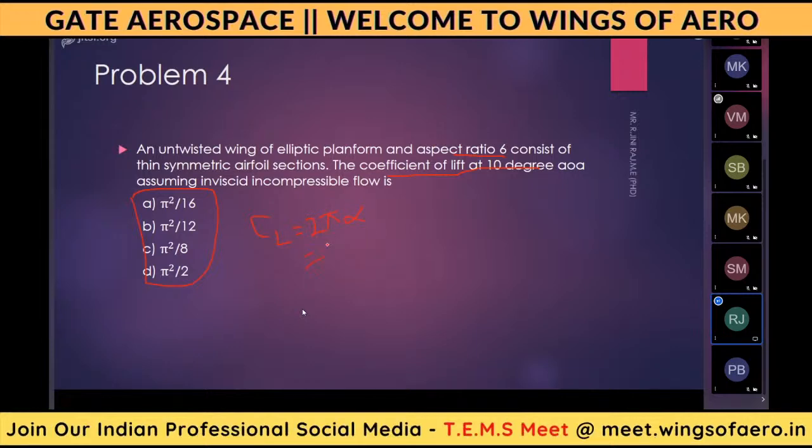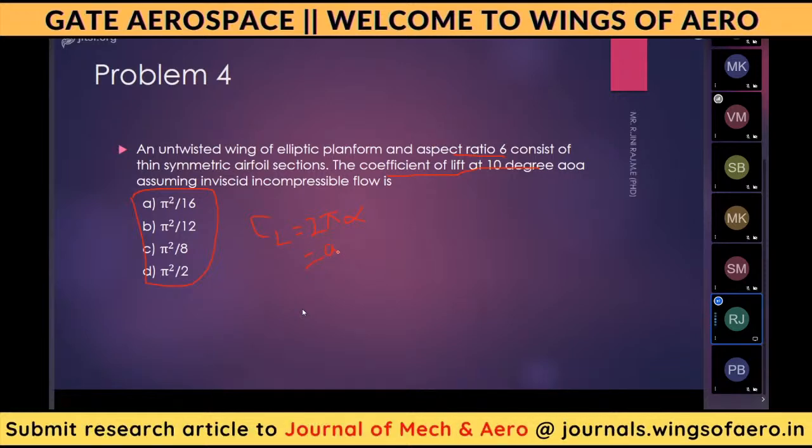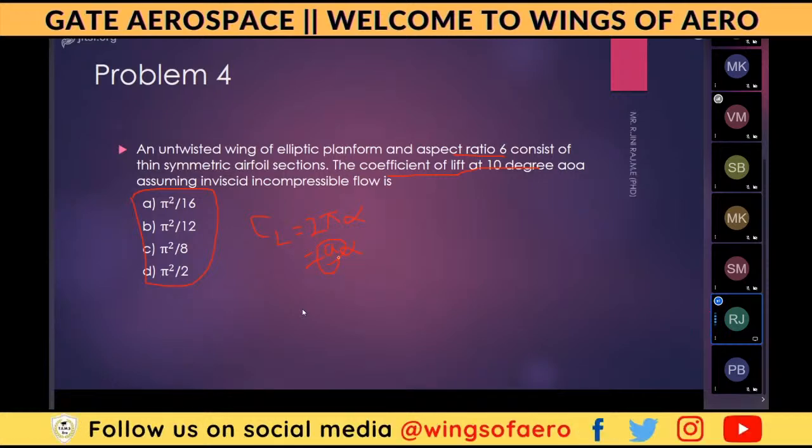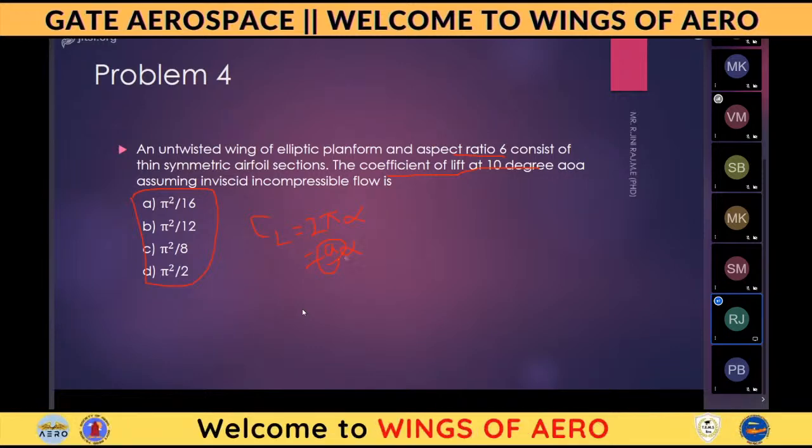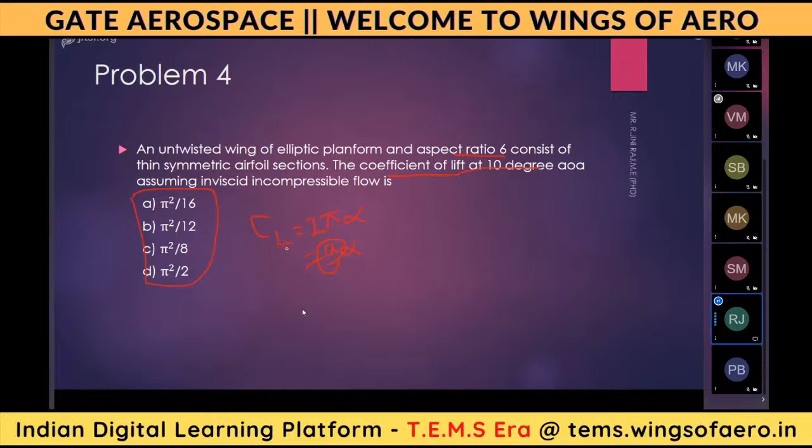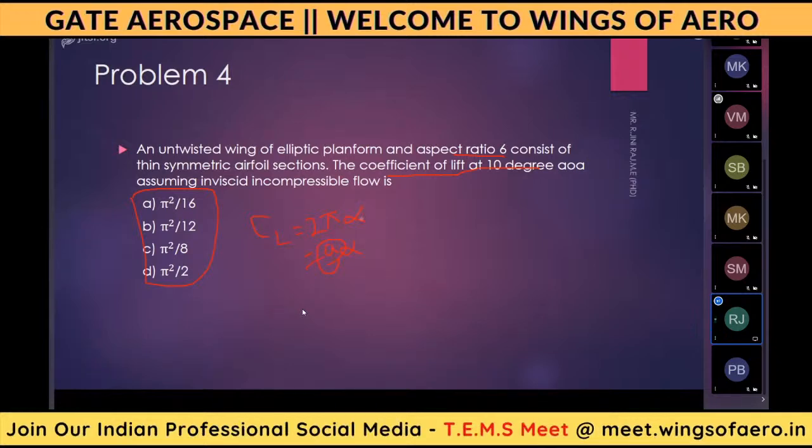This 2 pi is A. From thin aerofoil theory, the lift coefficient CL equals 2 pi into alpha. So 2 pi is A into alpha. That's A, the lift curve slope.